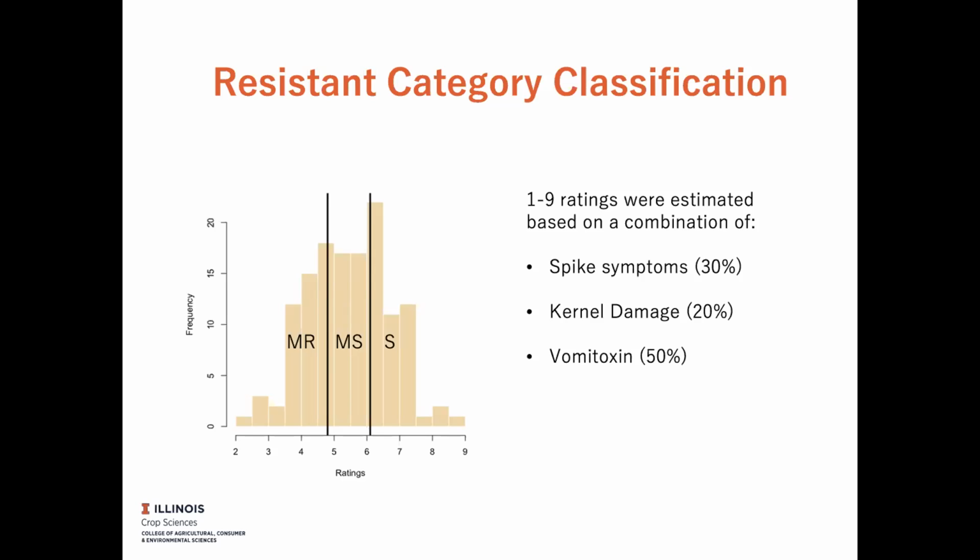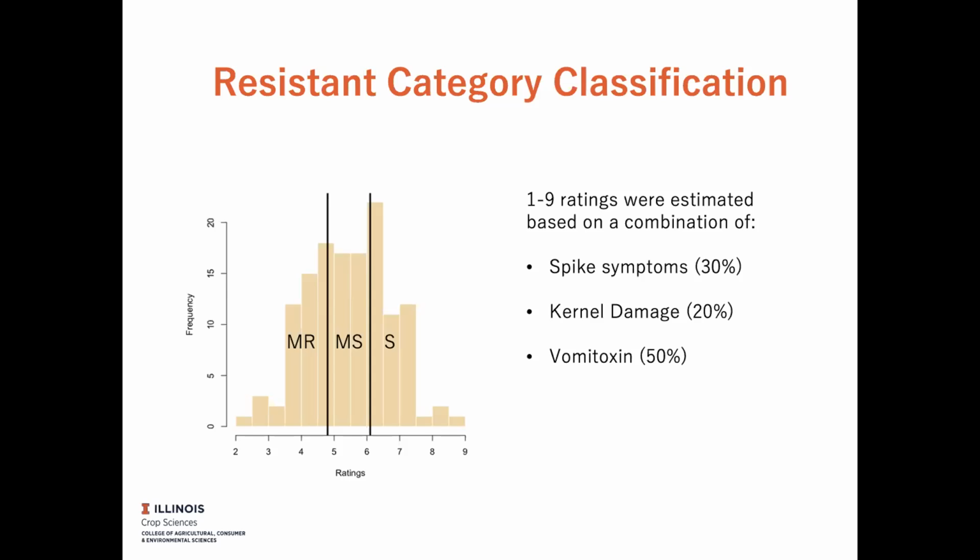Those ratings were based on spike symptoms, kernel damage, and vomitoxin. The vomitoxin is weighted a lot more in that score, but the spike symptoms and kernel damage were also included because, if they're weighted appropriately, these can be very predictive of vomitoxin.